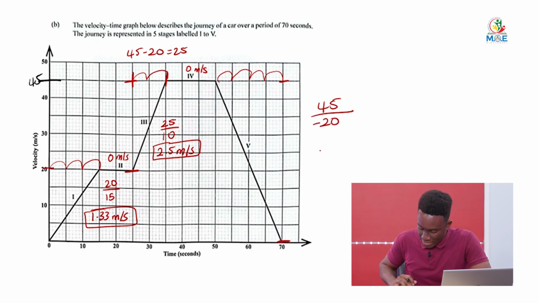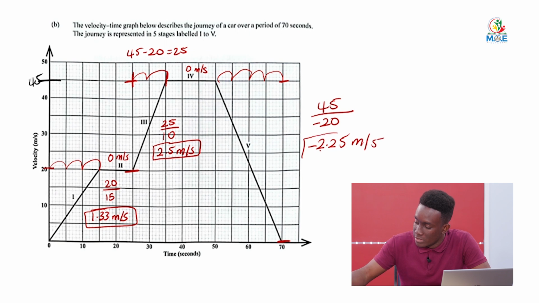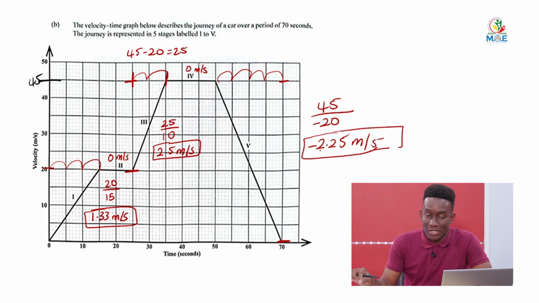So 45 divided by negative 20 would give us a negative 2.25 meters per second squared. So this one is out because this is not a maximum. This is going down, it's decelerating. That is why it's a negative, because it indicates that it's slowing down until it reaches rest, or in other words, until it stops.